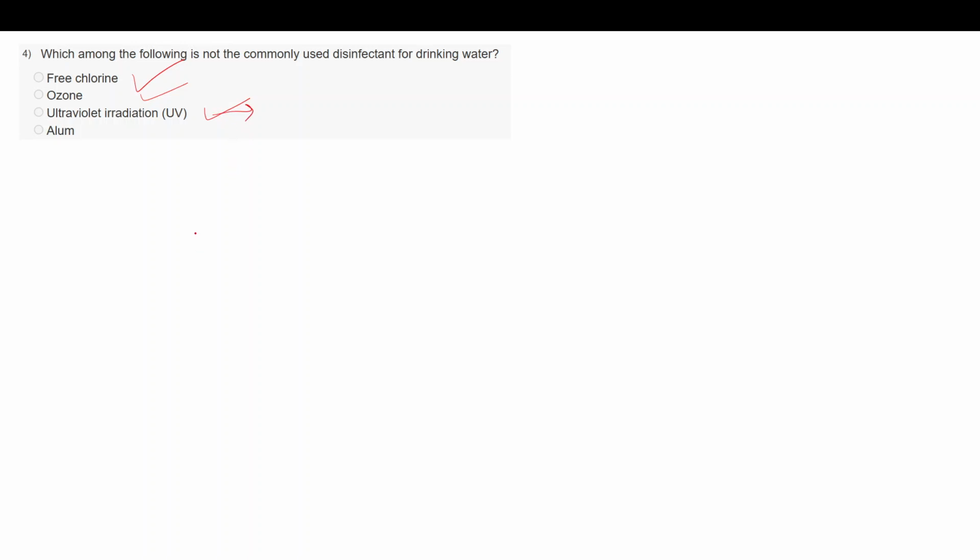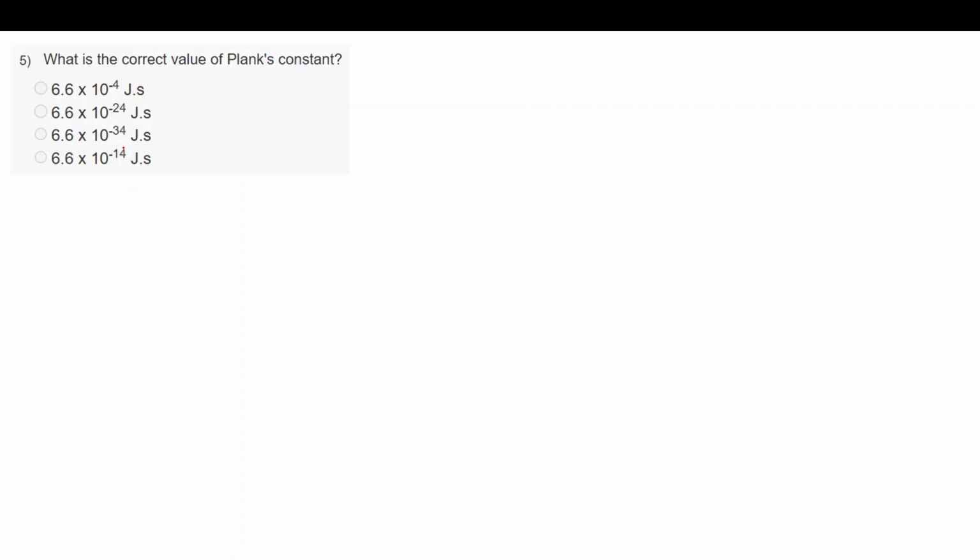But alum is never used for disinfection, so alum is the answer here. Next is the correct value of Planck's constant. You need to remember this, which is 6.6 times 10 to the power minus 34 joule second.